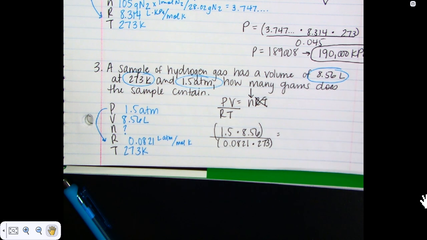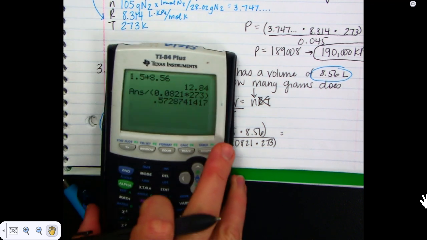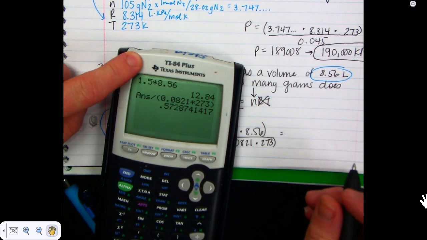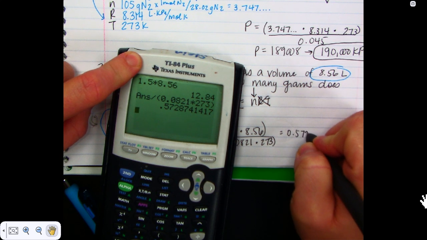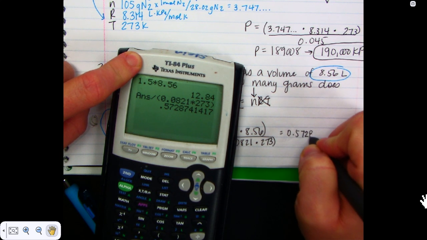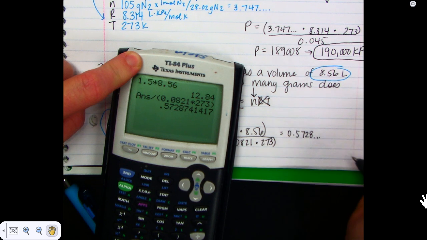So remember, when I'm solving for that, that's going to give me the moles. And the question doesn't want moles. My question wants grams, but I'm going to have to use that mole number in order to convert to the grams. So when I calculate this, I get a mole value of 0.5729287. I'm going to use the whole number in the calculator and change.